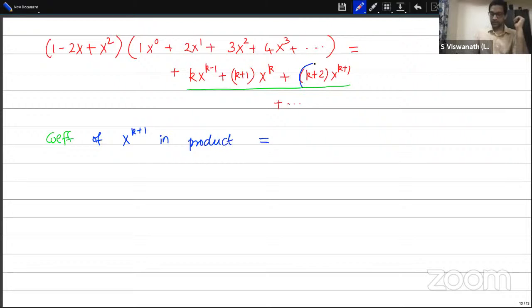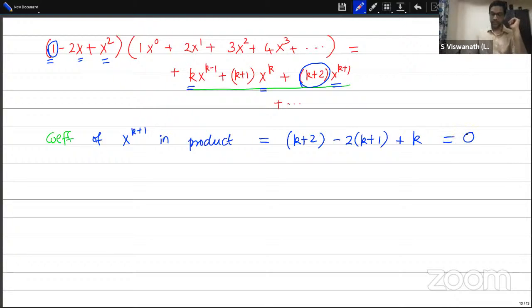One, I have to take this k plus 2 and multiply it by this 1. So that's k plus 2, x to the k plus 1 into 1. Then x to the k into x, so that's minus 2 into k plus 1. And then finally k times x squared, so that's plus k. So there are only these three contributions, and observe that's exactly 0.